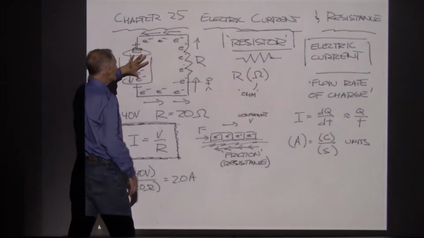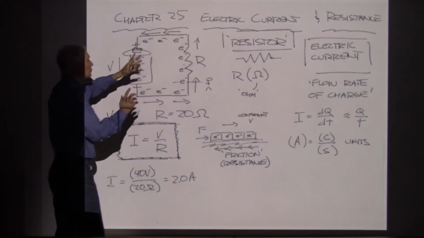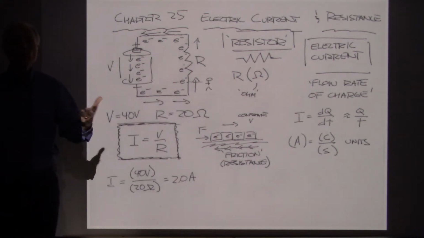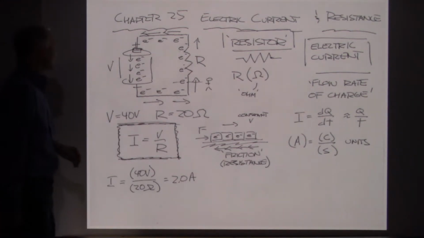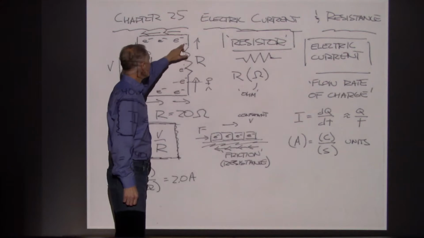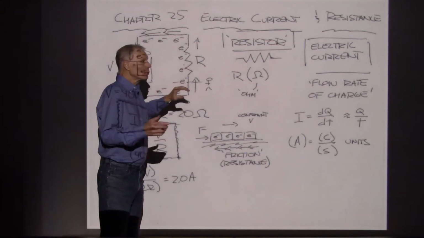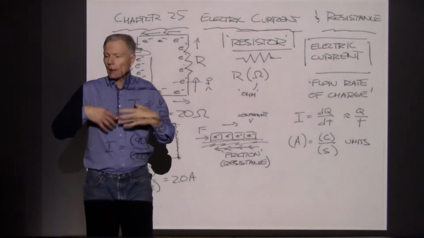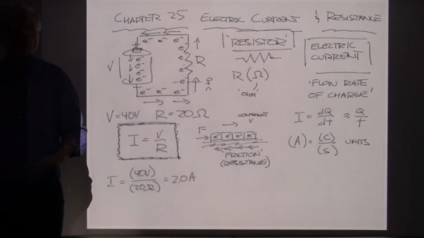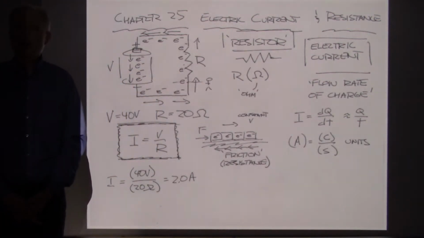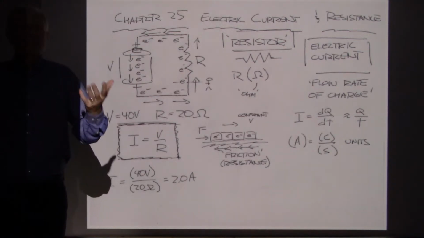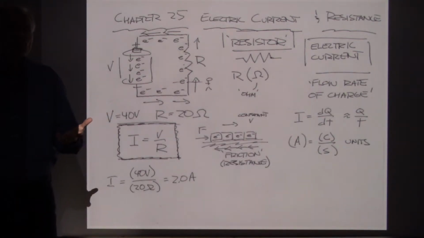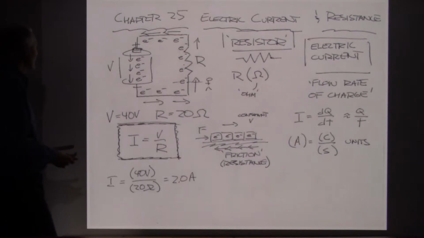We see that the battery is maintaining a certain voltage or a certain energy difference across that resistor. And that means that the electrons are going to end up releasing their energy, making their energy available. The electrical energy that we've given them is now going to go into heating up the resistor, for example, if that's the device that we're looking at.